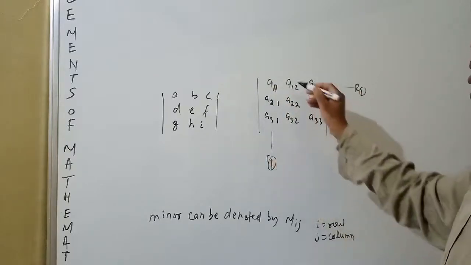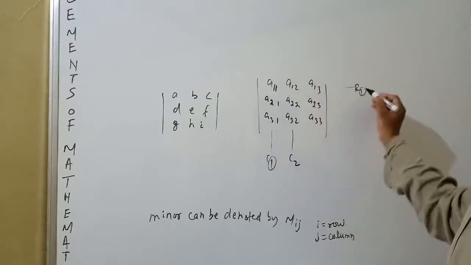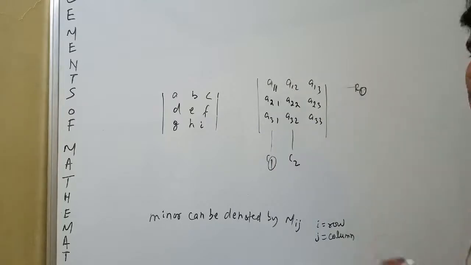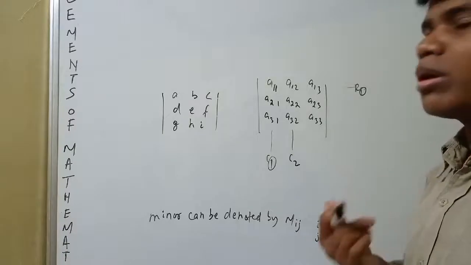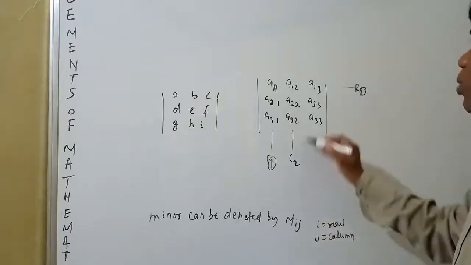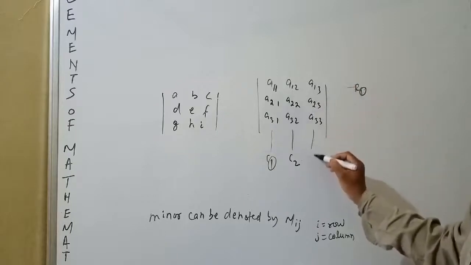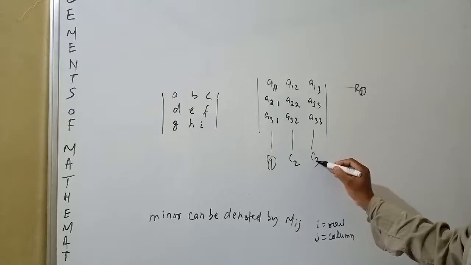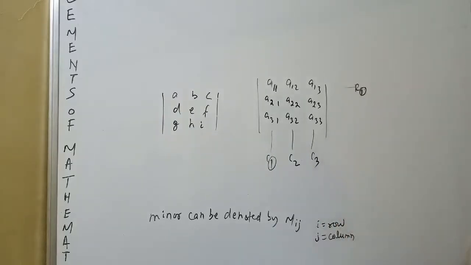A12 means column 2, so 1 2. We write the row first, then the column: 1 2 is first row, second column. You see 1 3: row 1, column 3.